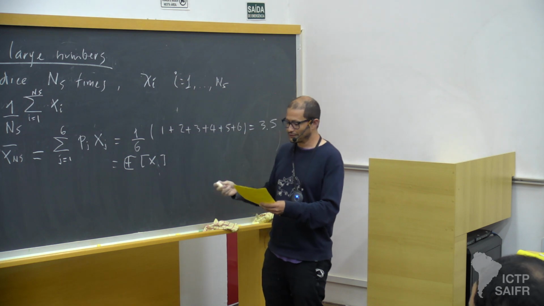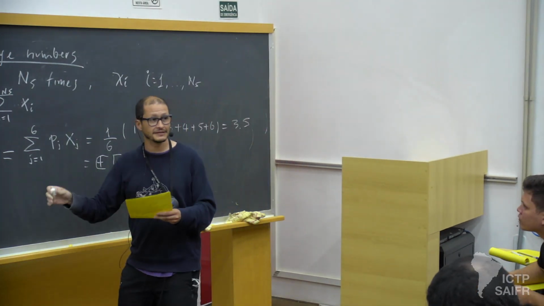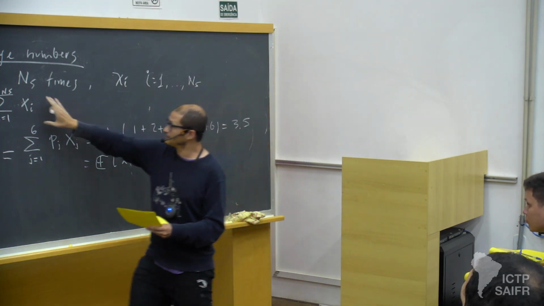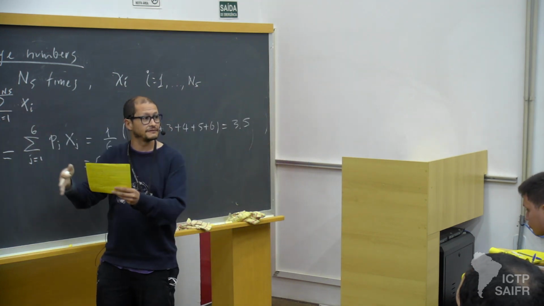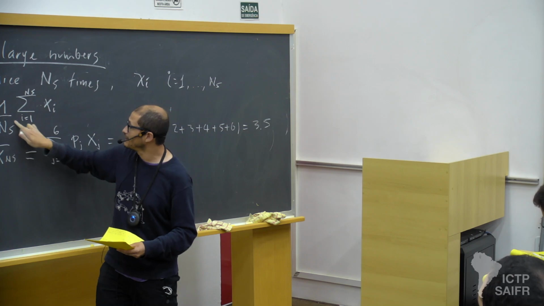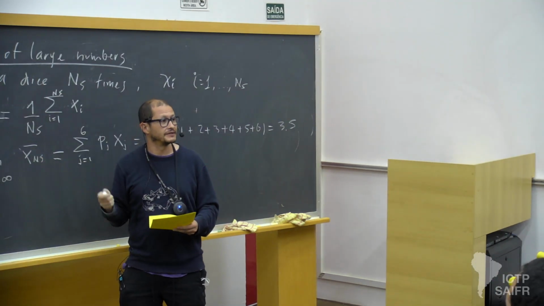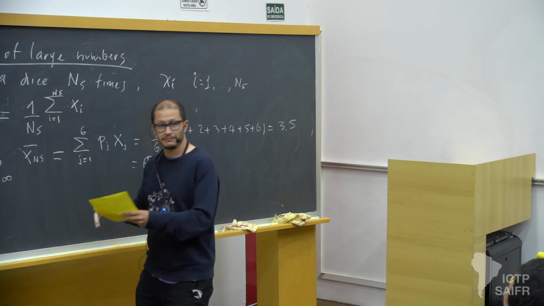But also the variance of your averages becomes smaller and smaller as we make n larger and larger, in a specific way.